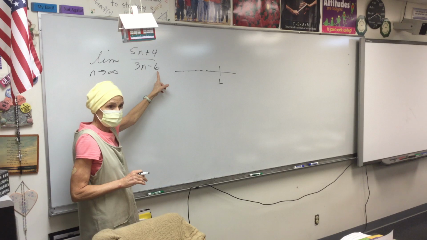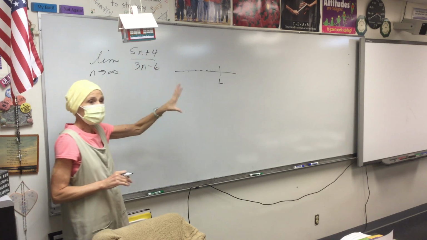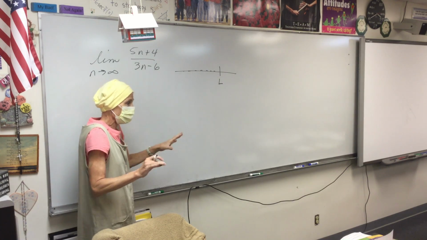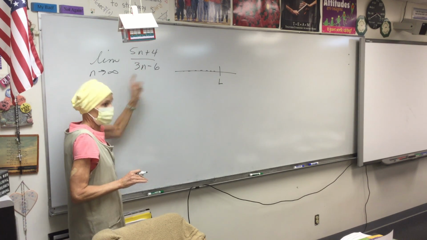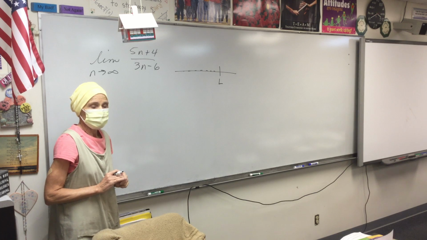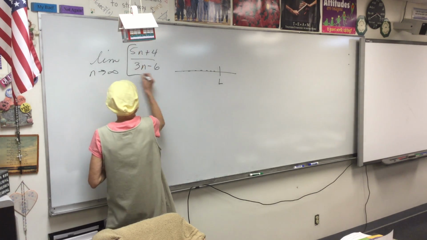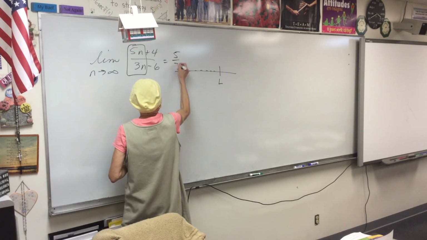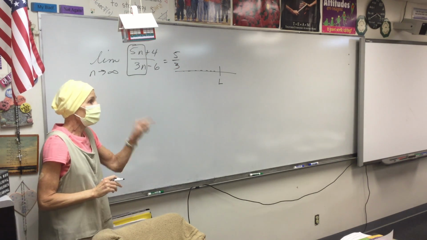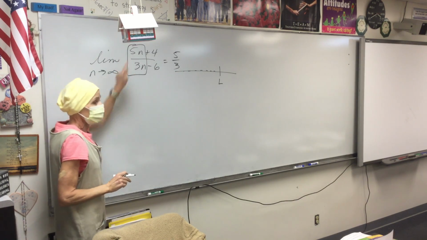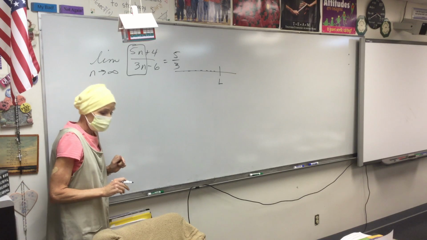And the -6, it's not. If you're letting n be 1,000,000, you basically have 5 million over 3 million, which reduces to 5/3. So the limit of this is 5/3. And it will work like that every time you have n's over n's.